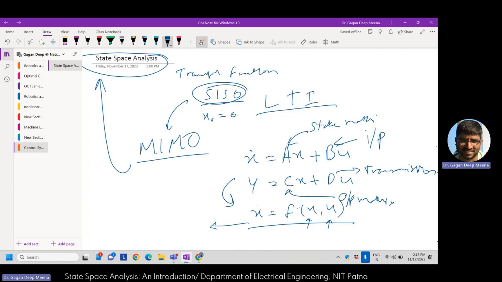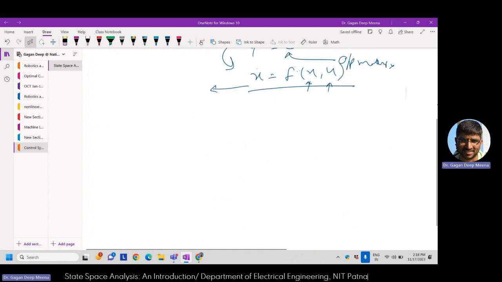You will have nonlinear differential equations, and it is a good area of research how to linearize the nonlinear system and then use the state space representation. That can also be done. And any kind of physical system, electrical, mechanical, chemical, or any kind of technical system can also be represented by state space analysis.